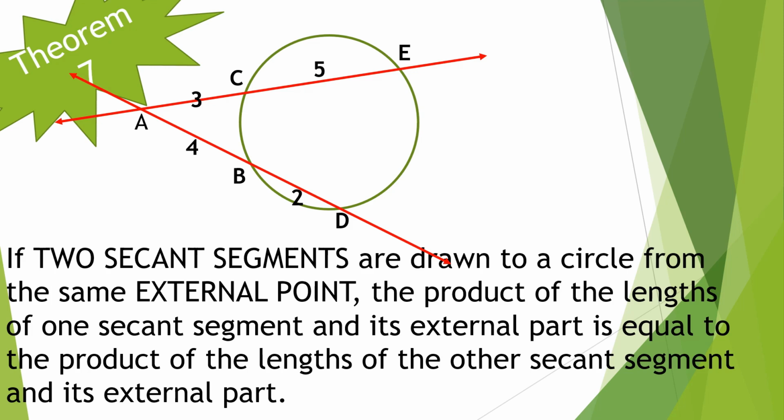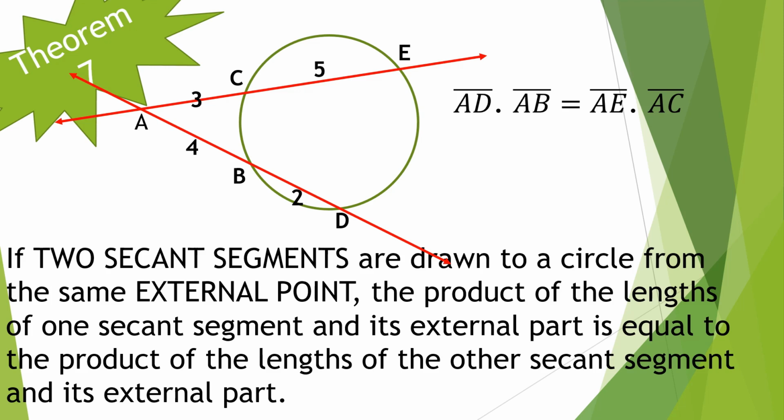So we have here, supposedly, the secant segments are AD and AE. So in theorem number 7, it states that the product of the lengths of one secant segment, which is AD, and its external part. So what is the external part of AD? That's AB, meaning outside the circle, external.